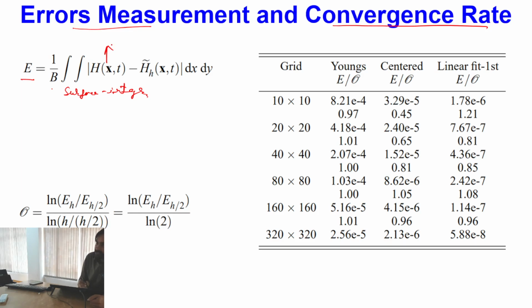What is h of x,t? Actual indicator function. Is this one clear? And what is h tilde x,t? Reconstructed indicator function or phase density function, whatever you want to call it.